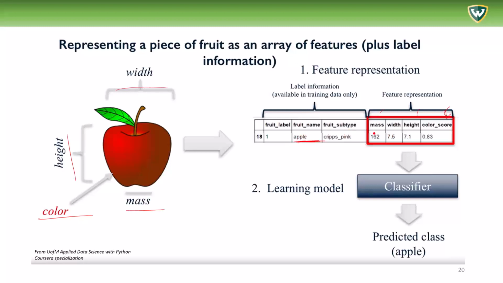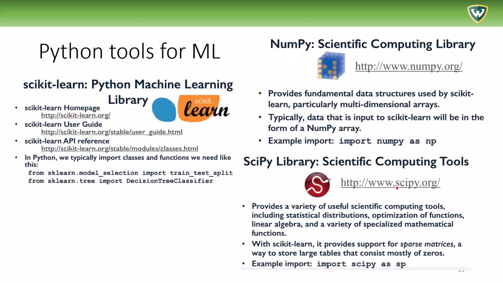We need that labeled data because here there's a supervised problem. But the first thing is we need this feature representation. The idea is that we can take an object and represent it in this multidimensional array, also known as a data frame or two-dimensional table of features and instances. And then we feed that to the classifier, as we talked about.